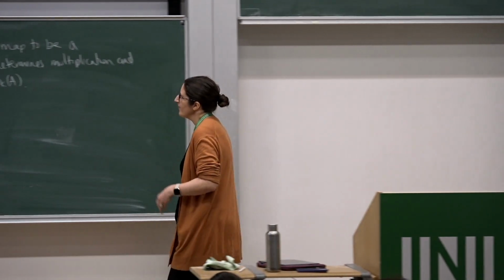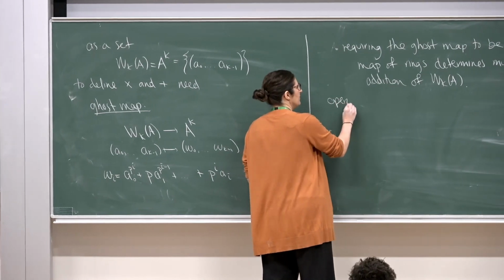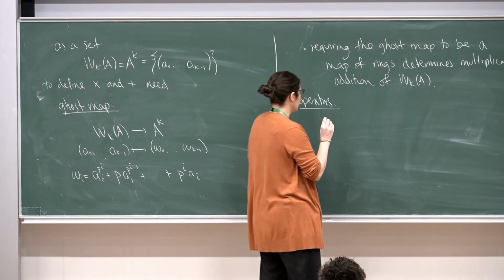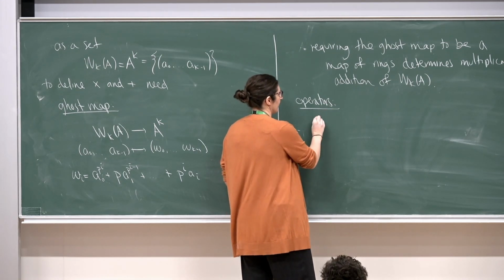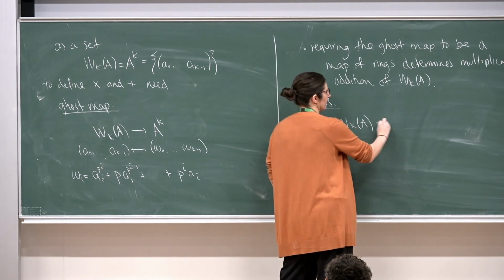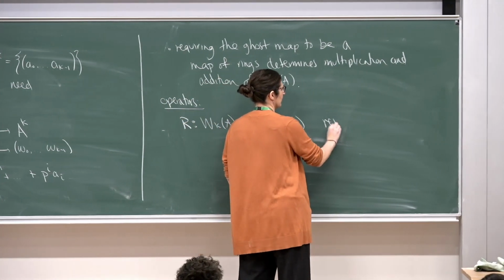And if you've seen Witt vectors before, you may be familiar with the fact that Witt vectors come equipped with a number of operators. So for instance, I have an operator on the Witt vectors called R, which goes from the length k p-typical Witt vectors to the length k minus 1 p-typical Witt vectors, and people call this the restriction.